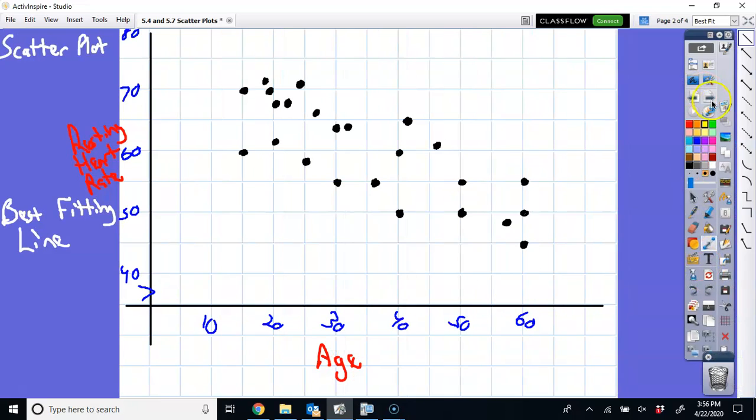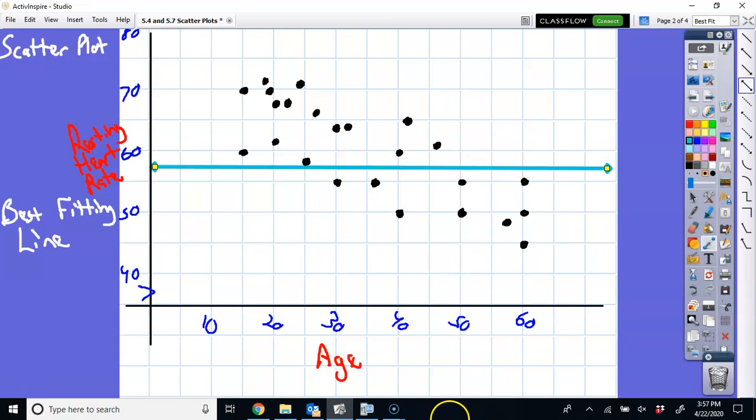Now, obviously, if I want to go through and draw a best fitting line for this particular graph, I'm going to use a nice little light blue color here. I'm not going to draw something down here. That doesn't fit all the points the best. I'm also not going to draw something right here.